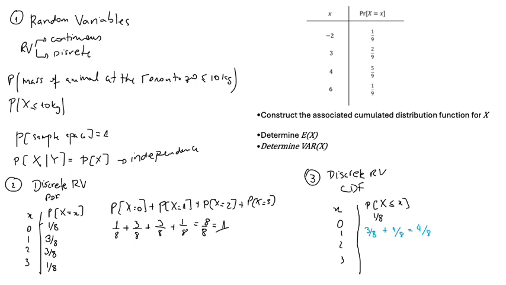Let's continue. The third row is: what's the probability of your variable being less than or equal to 2? It's the probability of being 2, which you can find directly on the PDF. It's 3/8. So it's the probability of being 2 plus the probability of being everything less than 2, which is 1 and 0.